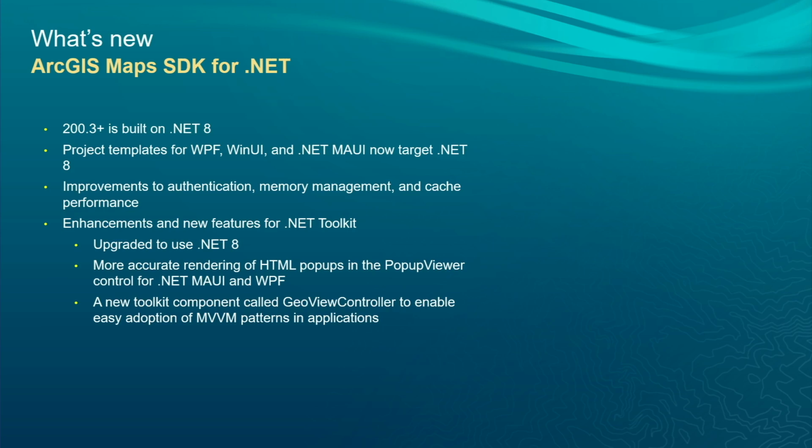We also added a new toolkit component called GeoView Controller to enable easy adoption of MVVM patterns in cross-platform applications. And we added support for development on macOS. This will be talked about more in the building .NET MAUI sessions, so if you want to learn how to set up your Mac and begin development on macOS, I encourage you to attend that session.